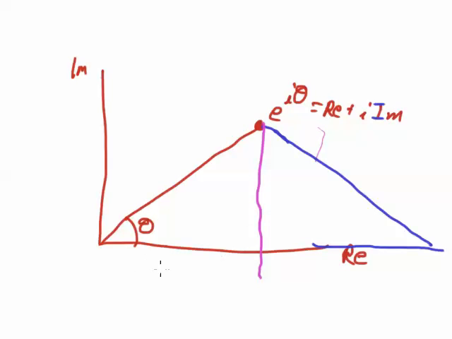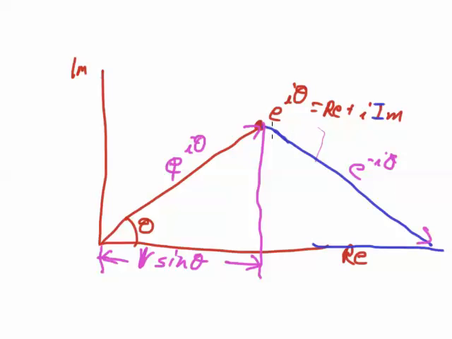You can see this length here is r sine theta. Well, r is just going to be 1, so that's sine theta right there. And this vector here is e to the i theta. This vector here is e to the negative i theta going that way. Well, the angle is negative theta, and so if you add those together, e to the i theta plus e to the negative i theta, and divide by 2, you get sine theta.